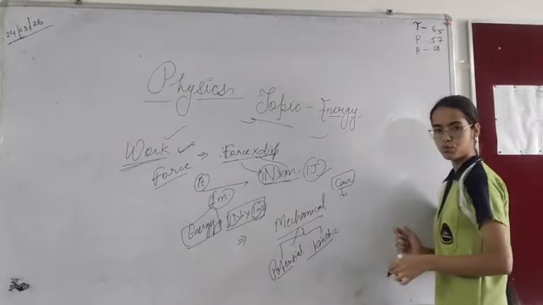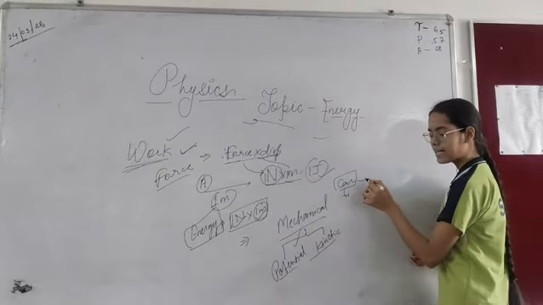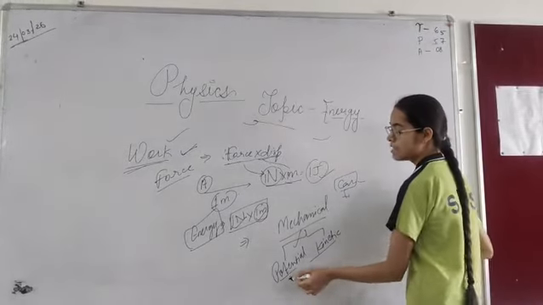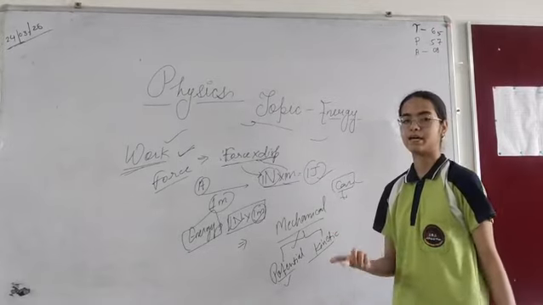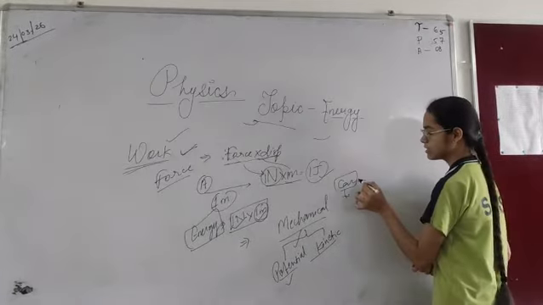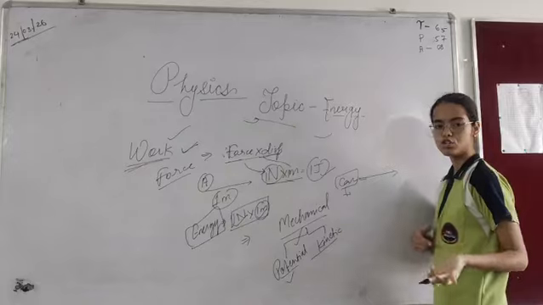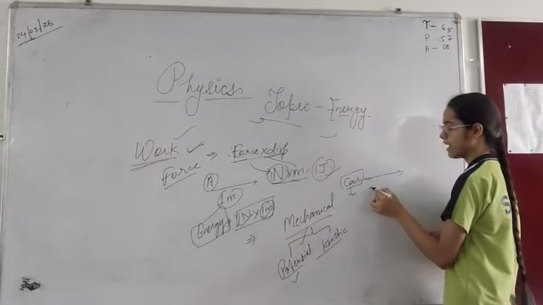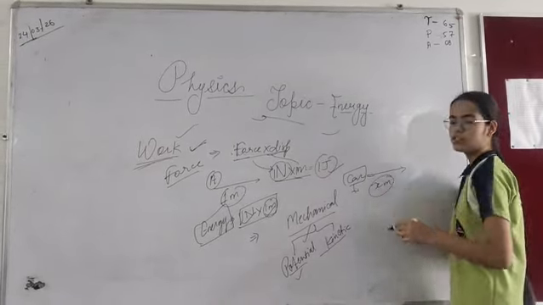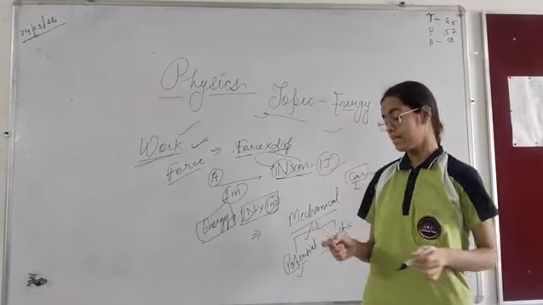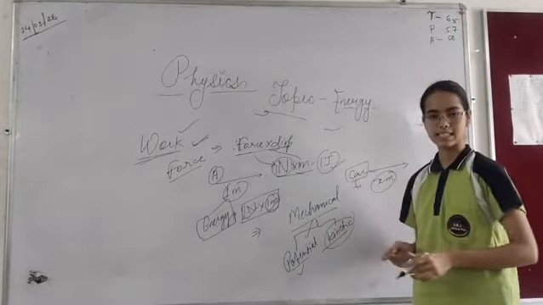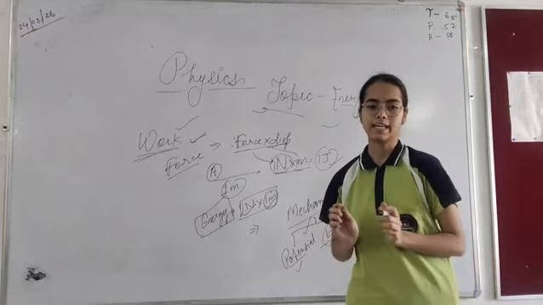What will I call it? This car has some energy, definitely it has, but what kind of energy? Potential mechanical energy. And if the car starts motion and moves, let's say x meters, then we will call it that the car has a kind of energy which is called kinetic energy.